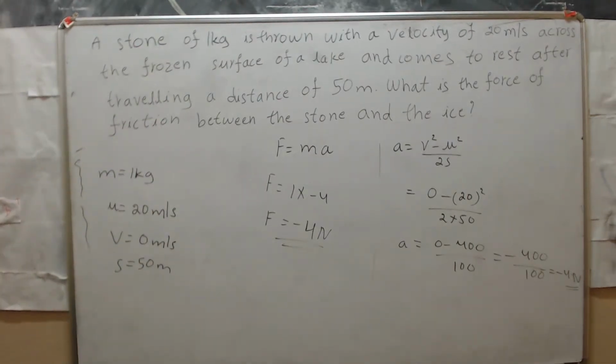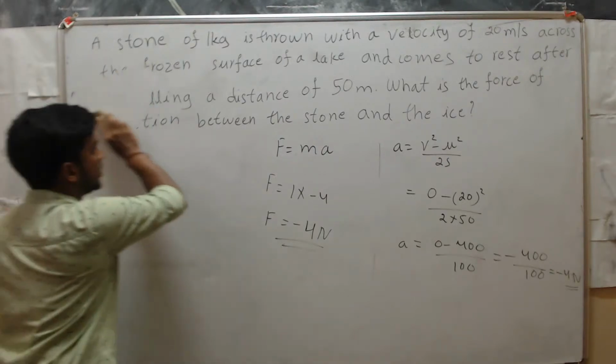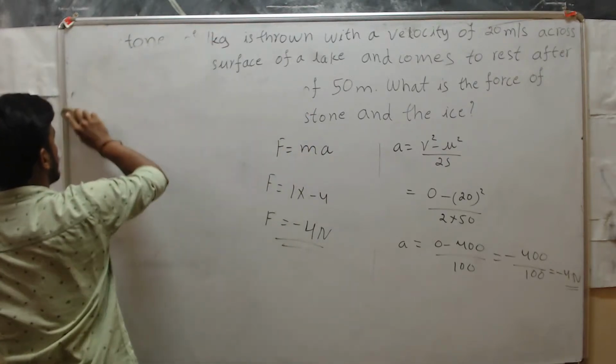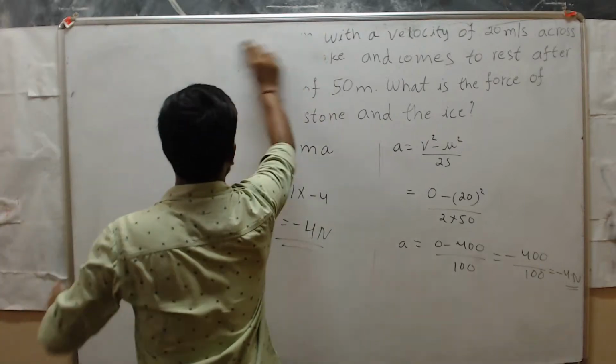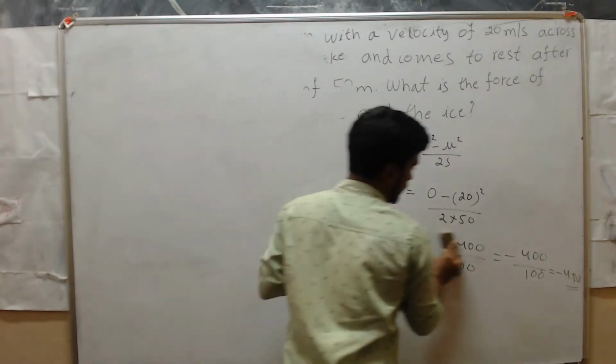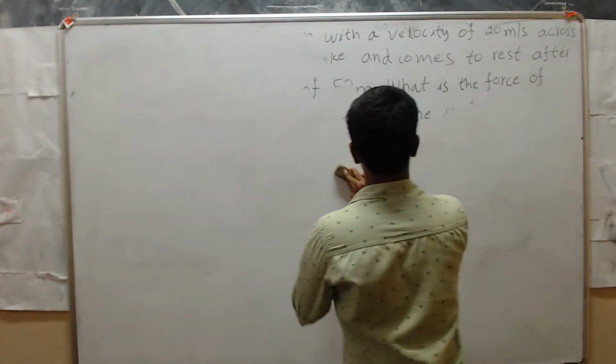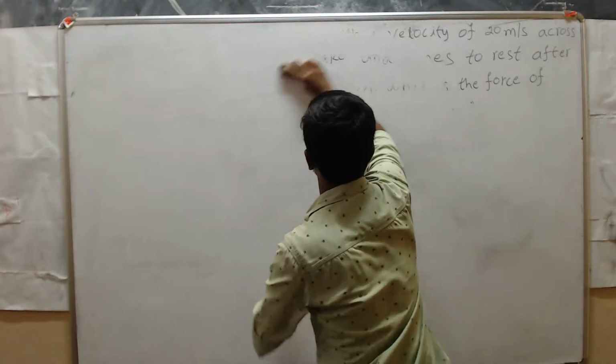Clear? The applied force is against the direction of the motion of the stone. So that's why here we got negative. The direction of the stone and that force are both in opposite directions.